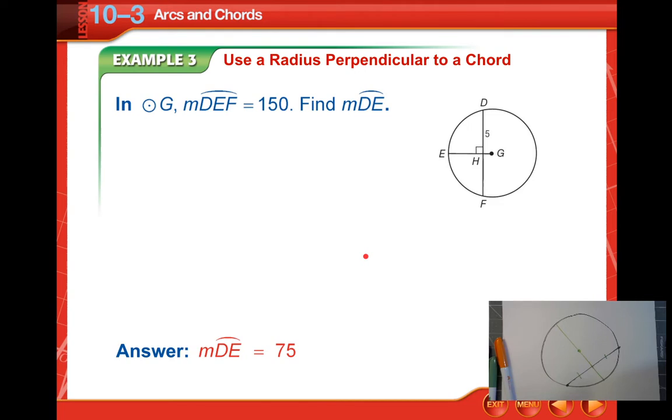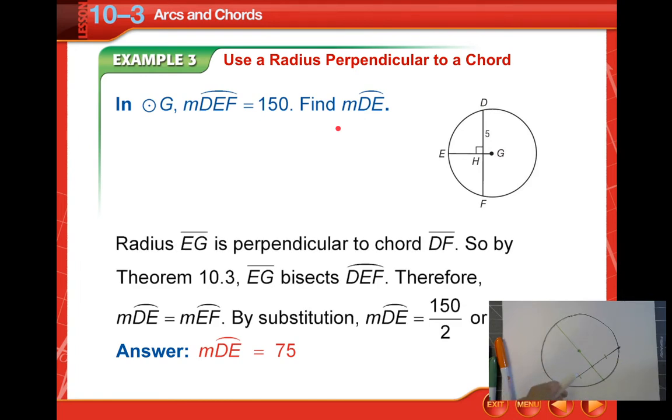So in circle G, we're told this is perpendicular. Find DE. Now it's not 90 degrees. The reason it was 90 degrees last time is because this box was touching our center. Since it's not, we know this is a chord, it's not the diameter.